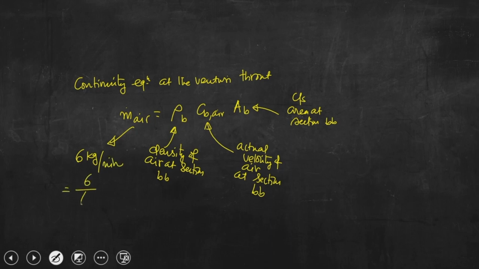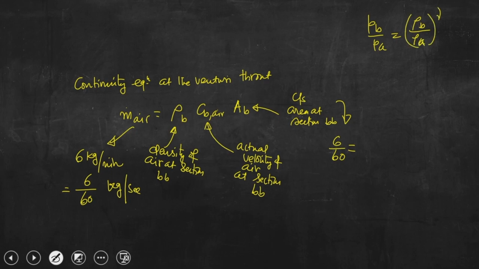So, that is 6 by 60 kg per second. And from this particular expression, we can write 6 by 60 equal to this density, because PB by PA equal to rho B by rho A power gamma.